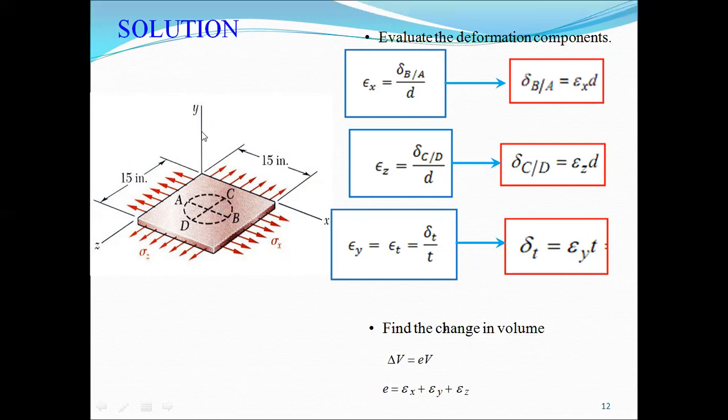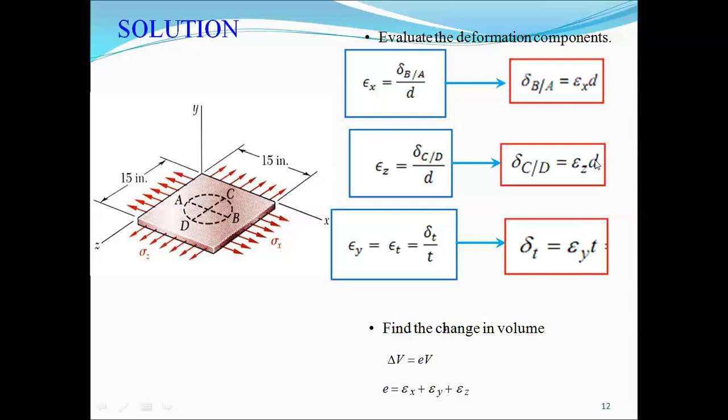Epsilon y is the strain along the thickness, epsilon t, equal to the change along thickness, delta t, divided by the original dimension, the thickness t. So delta t is equal to epsilon y t.